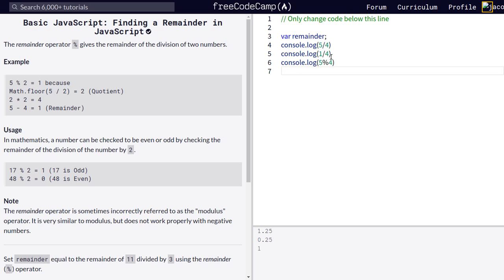But the computer decides using remainders.